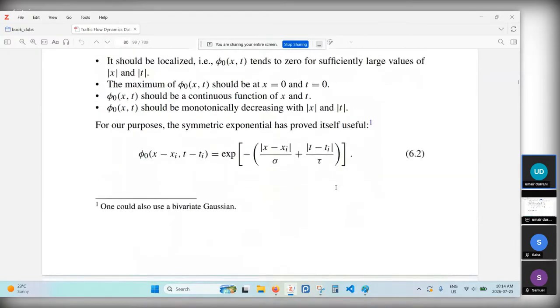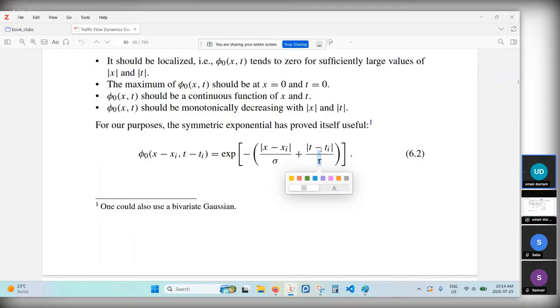Let's see one example of what that function could look like, which is given in equation 6.2. We are again comparing the location we are interested in with the detector location, and the time we are interested in with the time when the speed was reported, and we are dividing each by smoothing factors, sigma in space and tau in time.